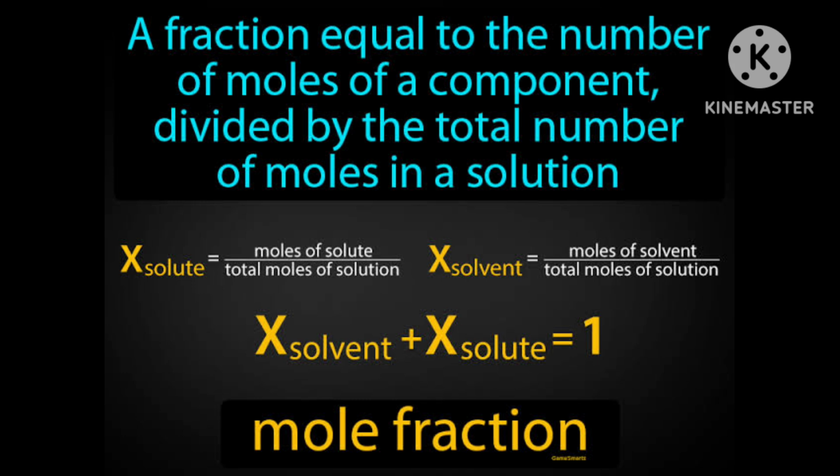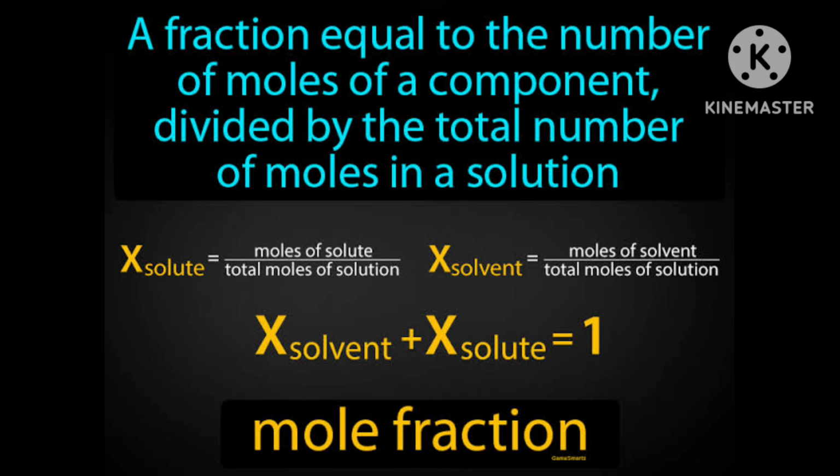Now for the total, you have to add both: m divided by capital M plus n divided by capital N. Then you will do simplification, correct?